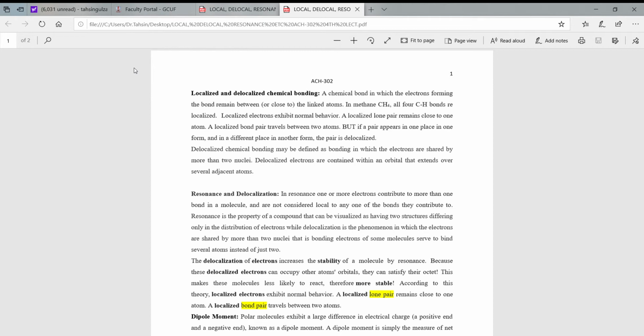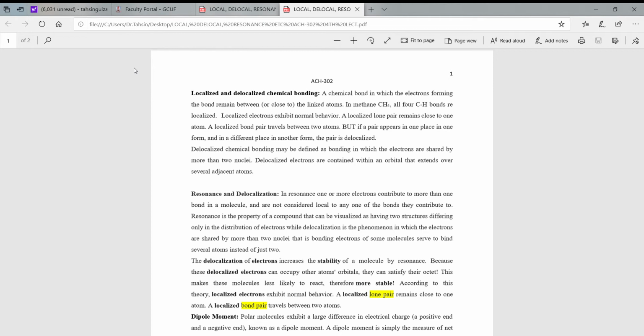In HCl, chlorine, due to its electronegativity, has the ability to attract electrons, and when electrons are most of the time residing or sitting on chloride, it becomes partially negative, and as a result H becomes partially positive, delta positive and delta negative.